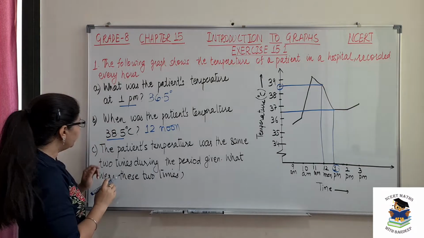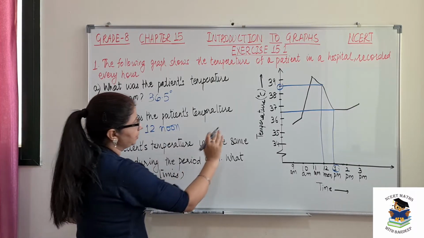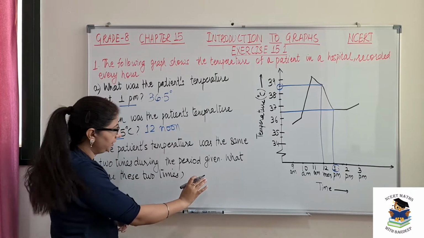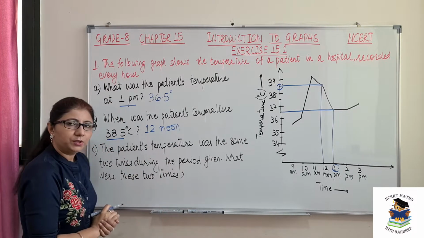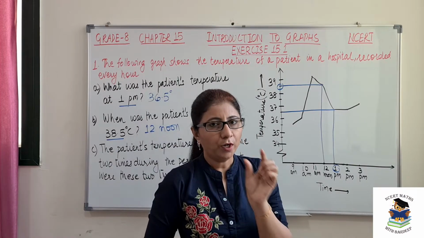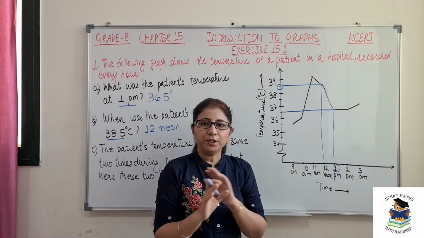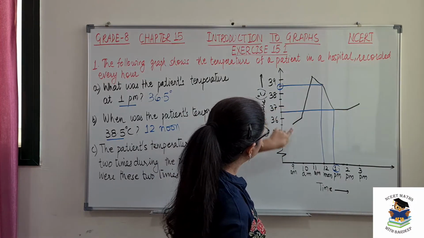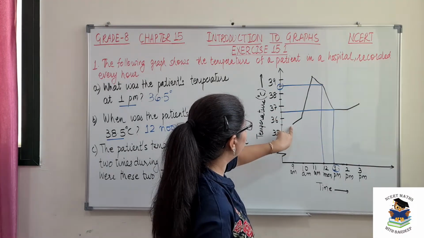C part is, the patient's temperature was the same 2 times during the period given. What were these 2 times? So now we should check our graph and see at what 2 times the temperature is same or constant. See, here it is 35.5.